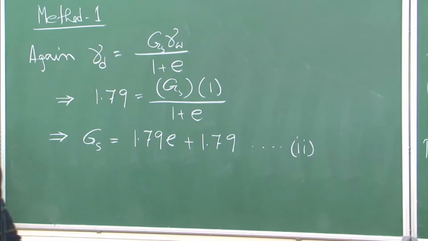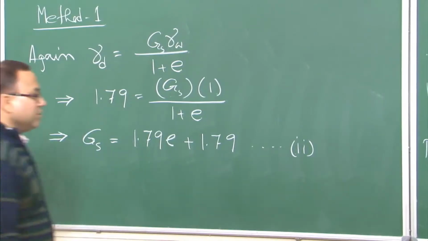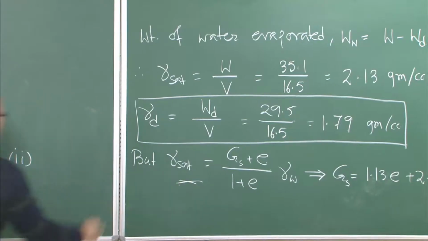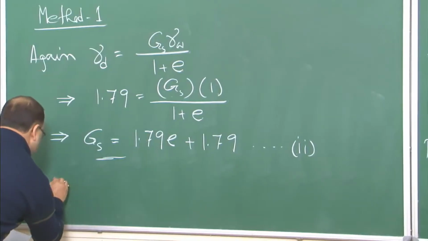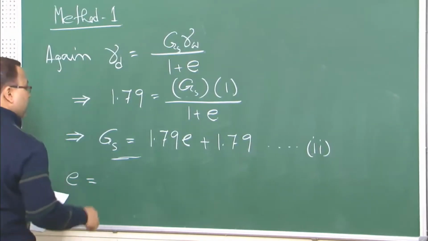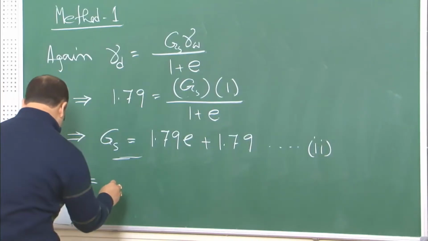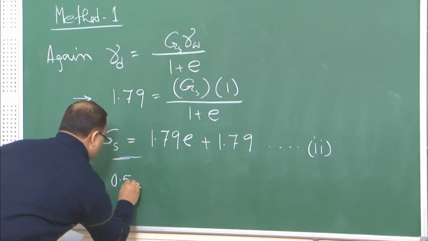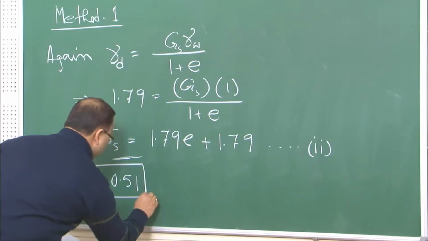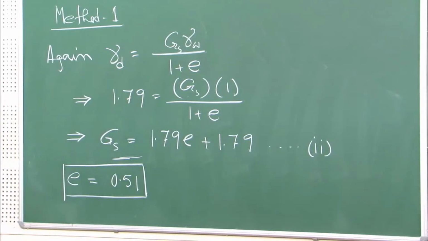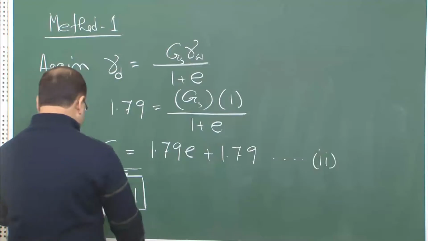Now, by solving these two equations, equation 1 and equation 2, we can find e equal to 0.51. So, your void ratio is 51%. So, you have got e.